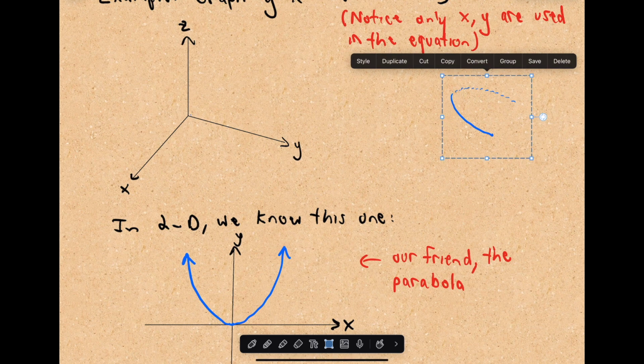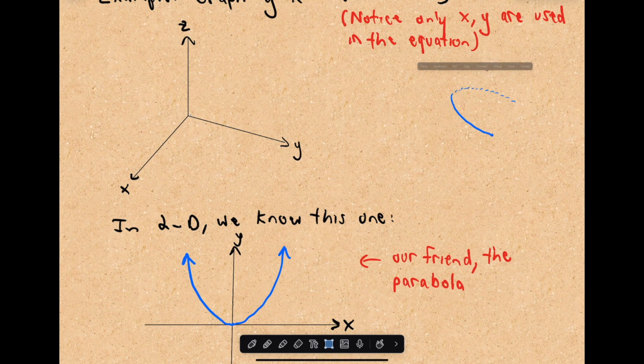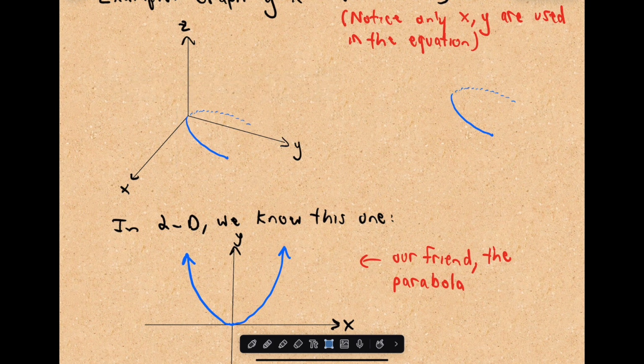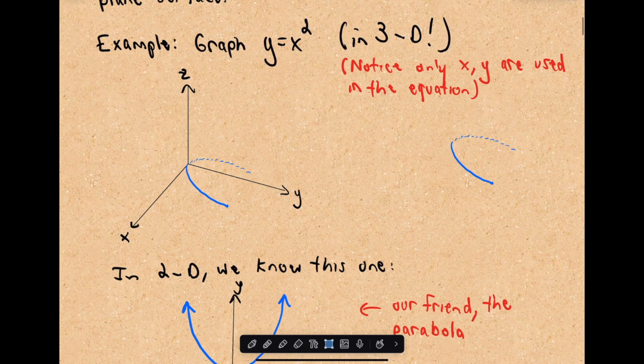So I'm going to take this little part, and I'm going to put that right there, and imagine that that's the parabola, but it's sitting, again, along the floor of your room. Now, to get the rest of the graph, notice again that the variable z is missing from our formula.